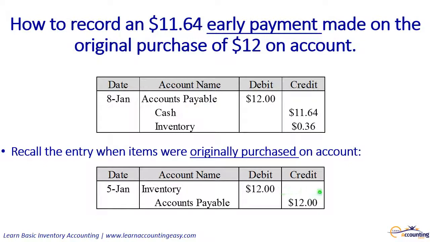Well, notice with the entry we're making upon cash payment up here, we're subtracting inventory 36 cents. We're deducting from the $12. We're taking away 36 cents. So now the net amount of inventory that we have on the books actually equals the cash payment, $11.64, which is what we would expect.